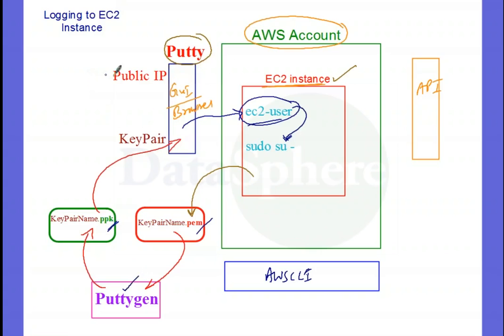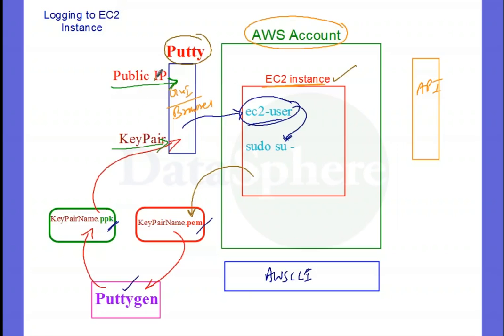For Putty, we need two things: one is the IP address, or it can be the entire DNS string. Then we need the key pair. These two pieces of information are required, which you can get from the instance details.